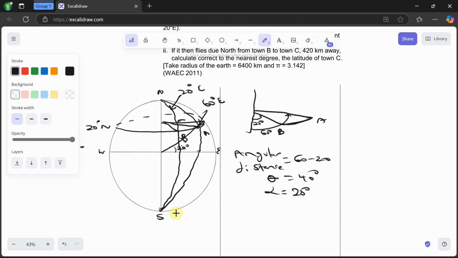The distance D will be theta over 360 times 2 pi r cos alpha. Our theta here is 40. So 40 over 360 times 2 times what they say we should take our pi to be. Always look at what they say you should take your pi to be. Don't go and do 22 over 7. They say 3.142. It's the same thing, but the examiner wants to be sure that you are following instruction.